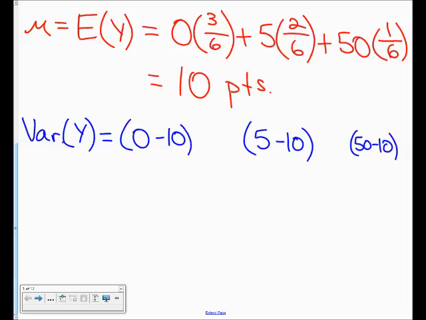So we need to find the distance from the mean for all of my possible values for my random variable Y. Now again, because some of the first 2 are going to be negative and the last one's going to be positive, we don't want that to mess it up, so we square all of these. Hopefully that kind of reminds you a little bit. And then because again we're dealing with not equally likely values here, we need to multiply by their probabilities again. So 3/6, 2/6, and then 1/6.